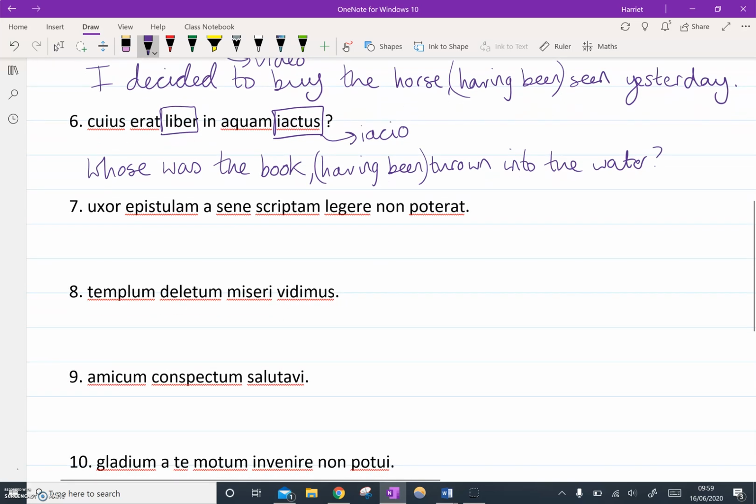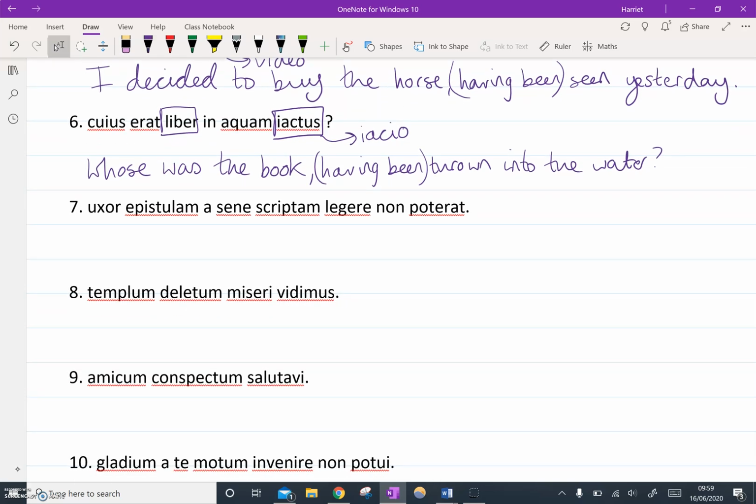Number 7, the PPP this time is the one that's mentioned at the top of the notes, scriptam. But whereas in the notes it was scriptos, it was masculine, scriptam is feminine and it's also accusative. Another feminine accusative word is epistulam.